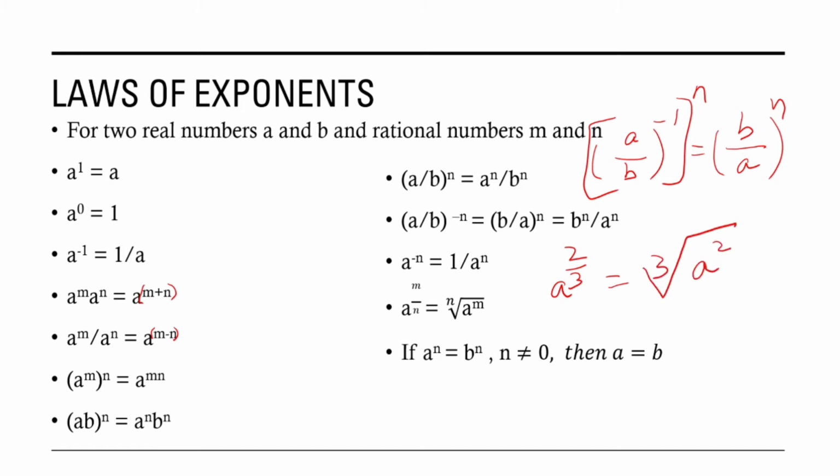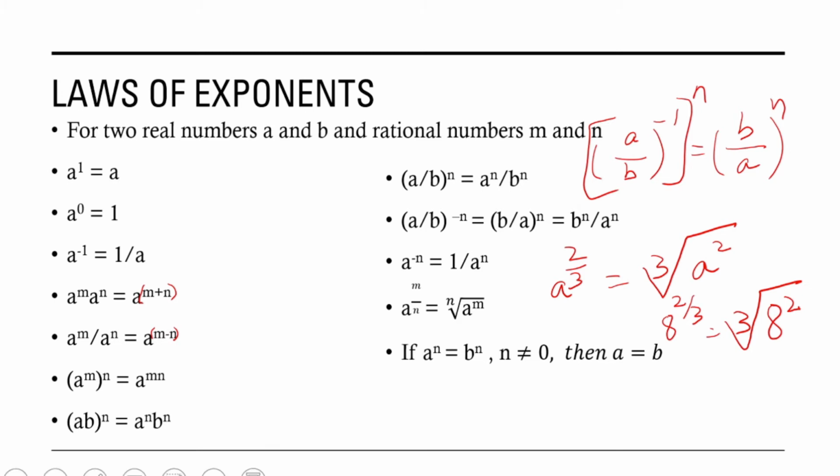Or let us take the case of a number, 8 raised to 2 by 3 is equal to cube root of 8 square. This is how we represent a surd. The next one is, if a raised to n is equal to b raised to n and n is not equal to 0, then we have a equal to b.